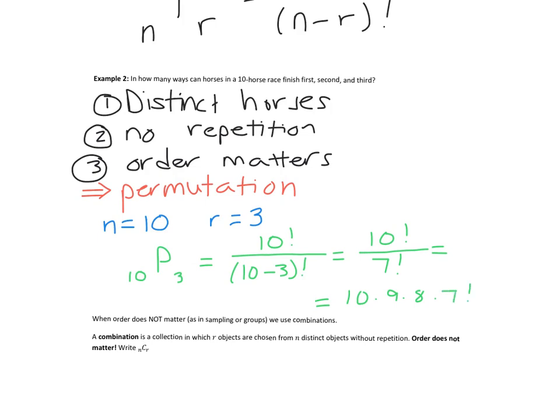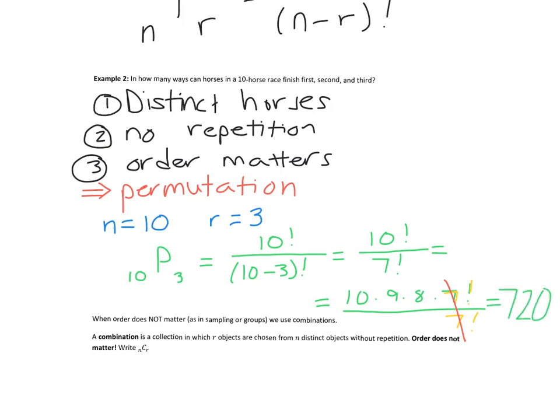And now I'm going to divide that by the denominator, 7 factorial. Now I can just cancel the 7 factorials. And now this is just the calculation, 10 times 9 times 8. So how many different combinations of first, second, and third will there be?